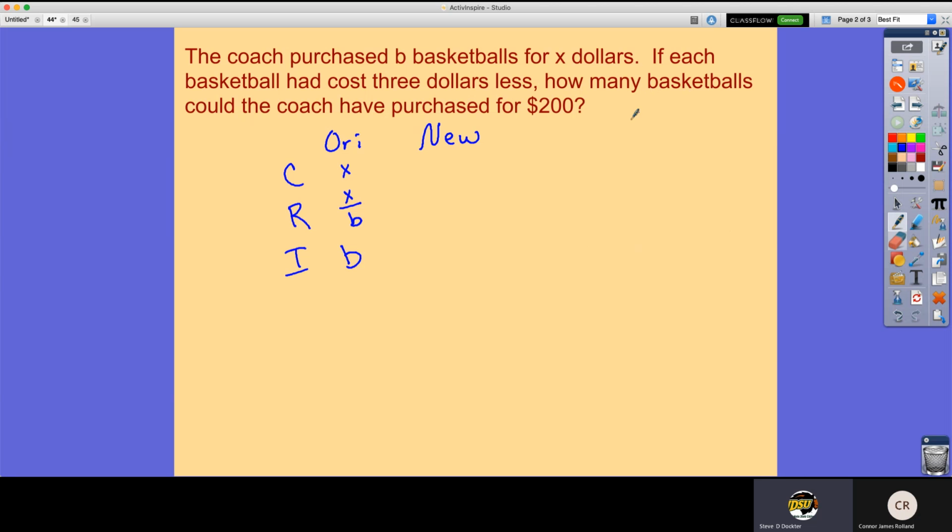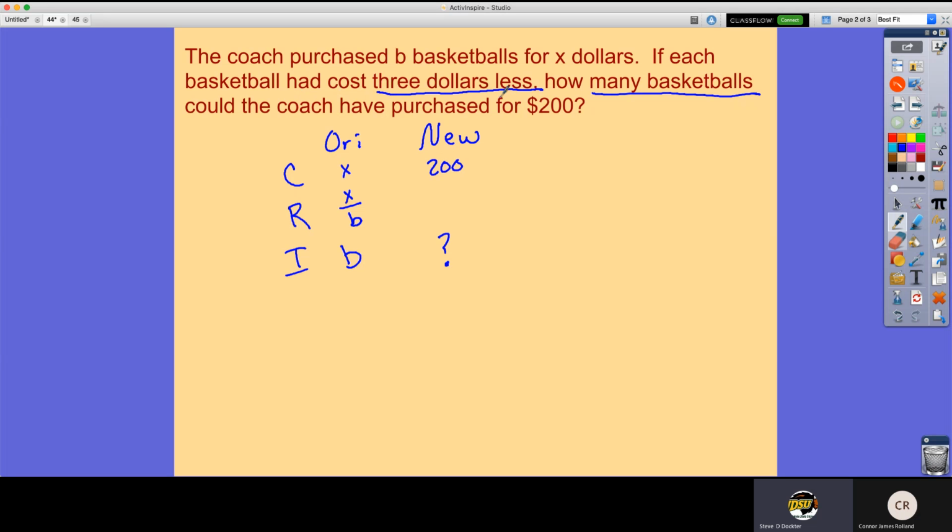All right, now what are we solving for here? Yep, how many basketballs? So we're figuring out the items again here. What do we know for sure? Cost is 200. All right, and then the other thing that we have here is if each basketball had cost $3 less.